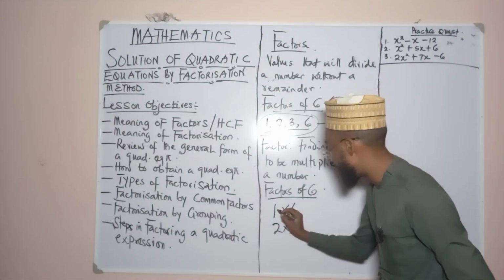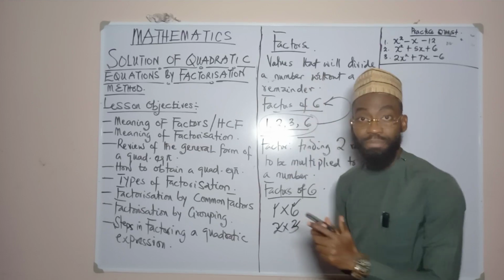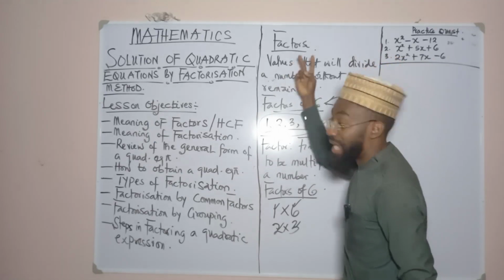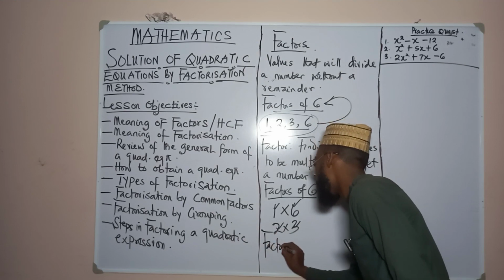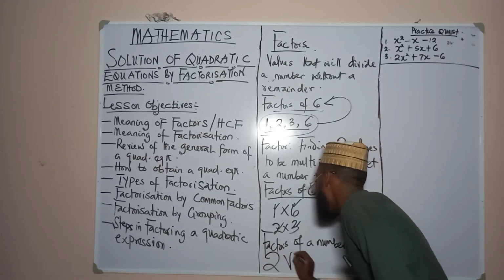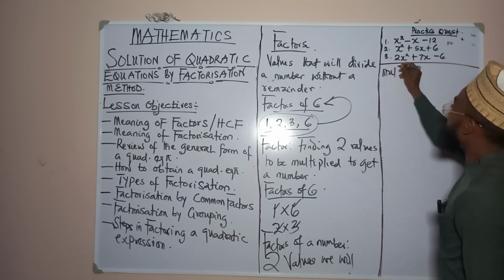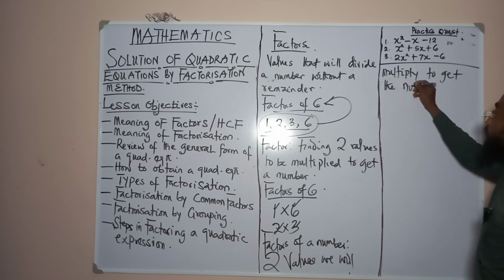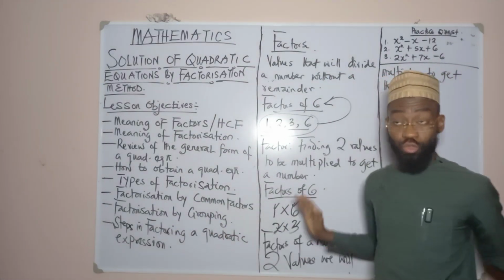So you see that the factors of 6 are 1, 6, 2, and 3. Invariably, factor simply means find any two values that you will multiply to get that particular number. So when we look for factors of a number, we are looking for two values we will multiply to get the number. So the idea of factors has now been well understood.